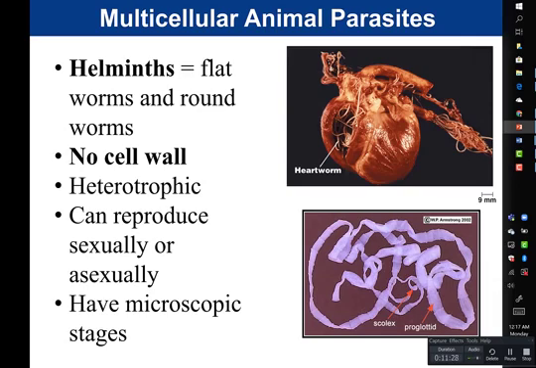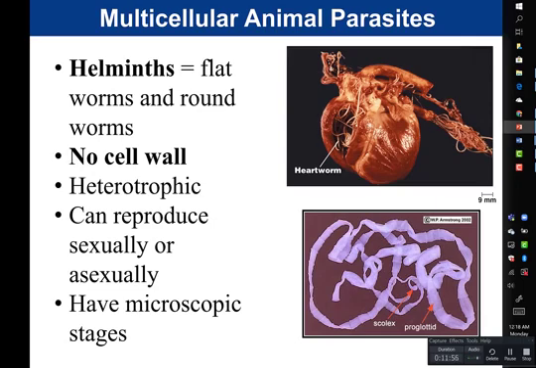Because they are made of animal cells, they're animals, right? These worms are animals. Their cells lack a cell wall, so they don't have that rigid cell wall. They are heterotrophic, they're other feeders. Animals have to feed in order to survive. We can't make our own food. These organisms could reproduce sexually or asexually, so with a partner or without.